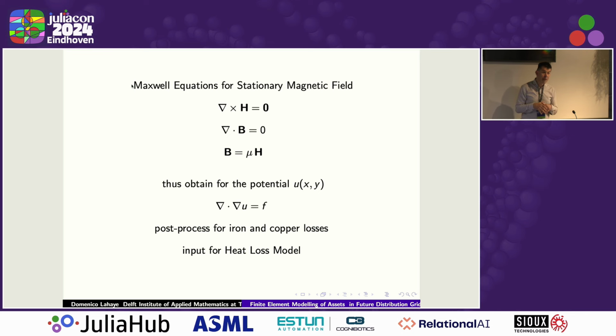to be able to later post-process for the losses generated in the windings and in the core, to be able to subsequently model the heat loss in the device. What you see here is a simplification.